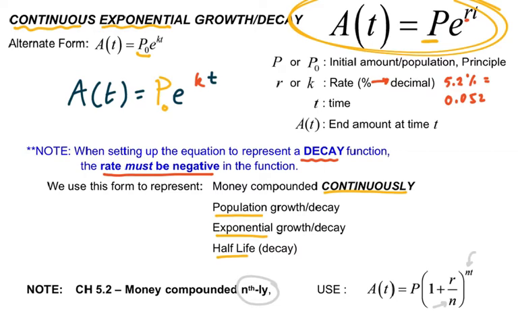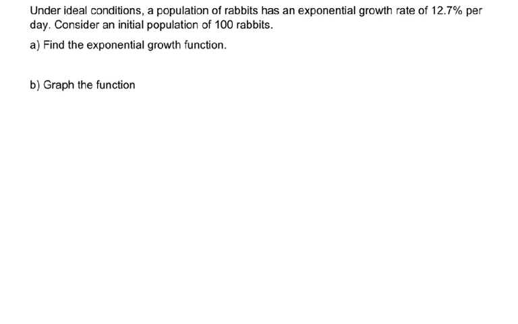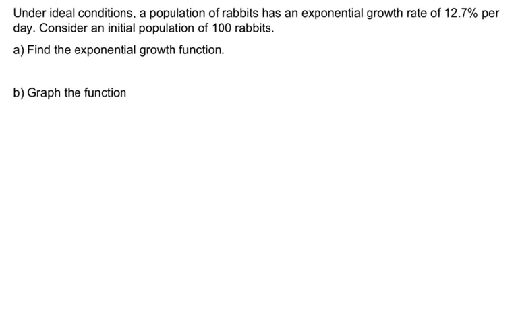So let's do a problem here. We have a word problem. It says, under ideal conditions, a population of rabbits has an exponential growth rate of 12.7% per day, considering an initial population of 100 rabbits.